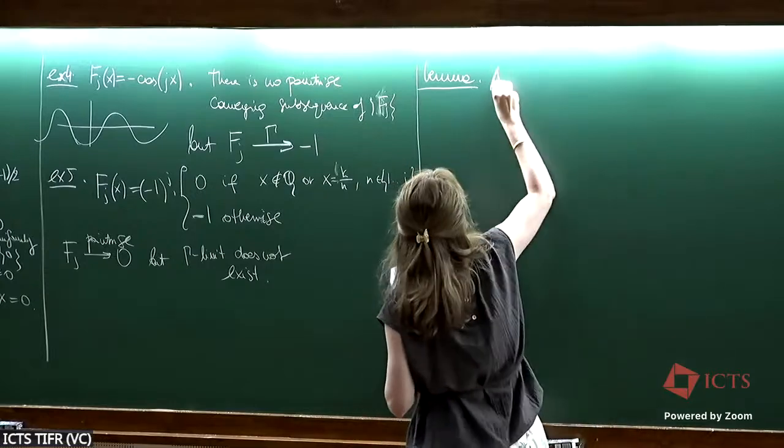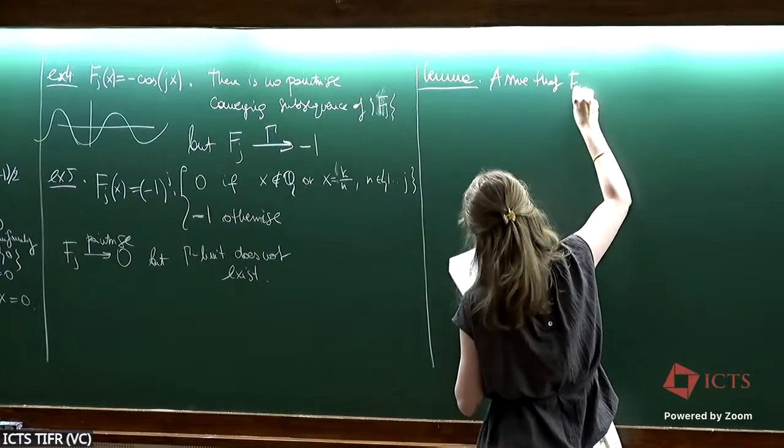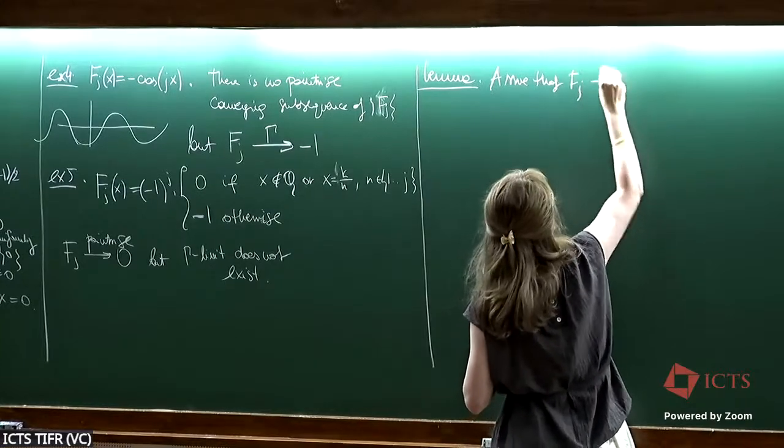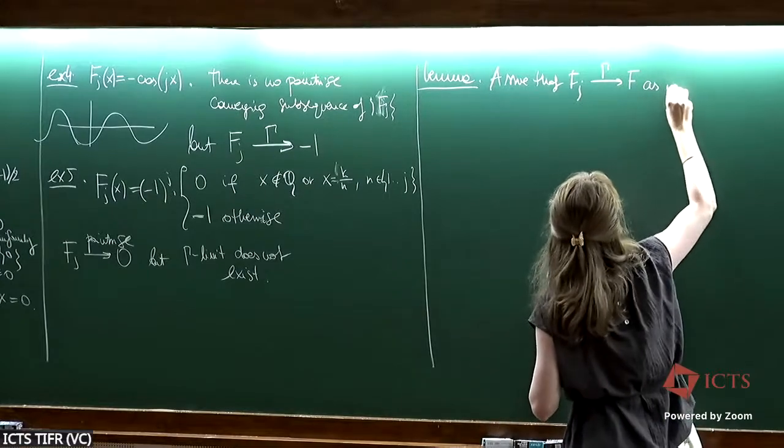So assume that the fj's gamma converge to f as in the definition.